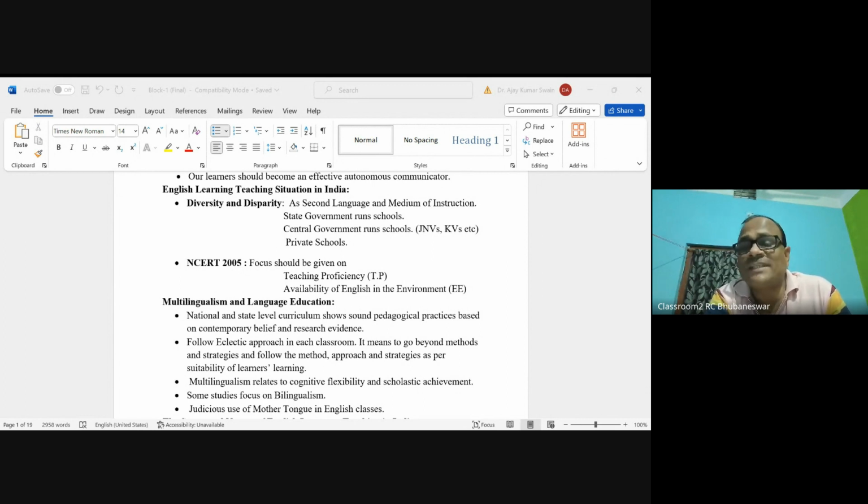That is not sufficient. Only reading those books as per curriculum, the child never acquires the English language. So, availability of English in the environment is a must. Environment means the surrounding of the child.